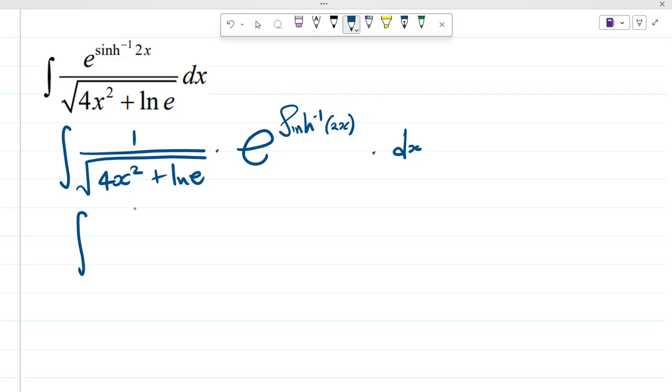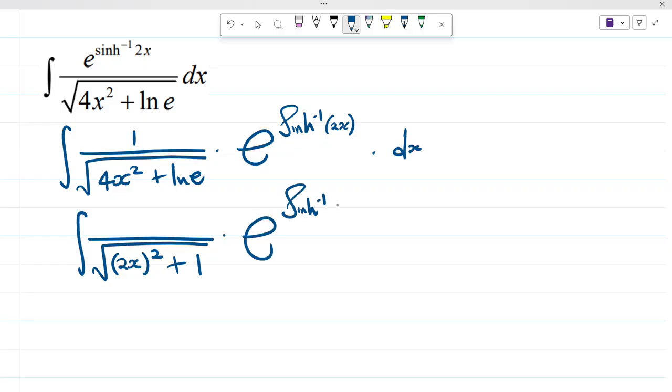I put this in a square root, so I write this in an f of x squared manner. That means I'm gonna write it as 2x to the power of 2. So 2x to the power of 2 is the same as 4x squared, plus I know that my ln of e is the same as 1, right? And then there I already have my e to the power hyperbolic sine inverse of 2x, and then I have my dx there.